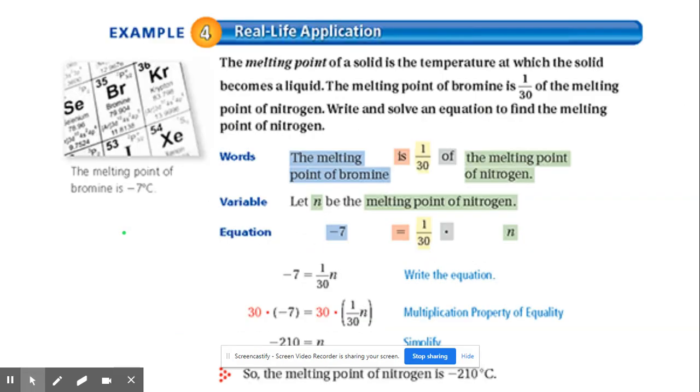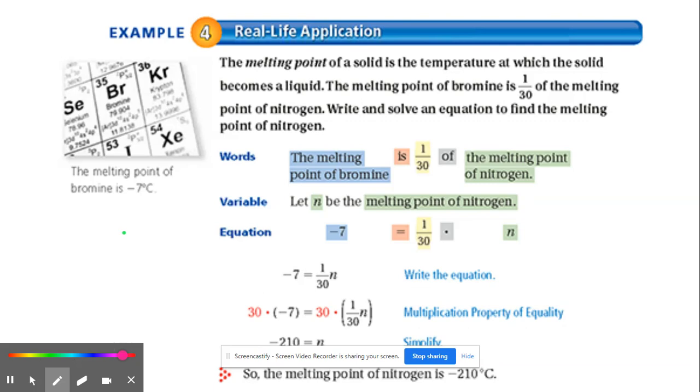So it says the melting point of a solid is the temperature at which the solid becomes a liquid. The melting point of bromine is 1/3 of the melting point of nitrogen. Write and solve an equation to find the melting point of nitrogen. So think about what it's saying and look for the key words that you see when you are trying to write an equation.